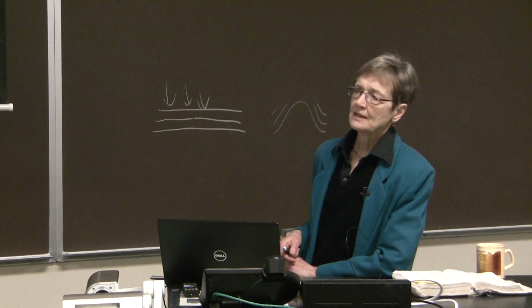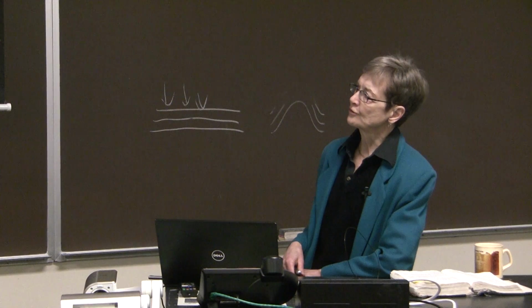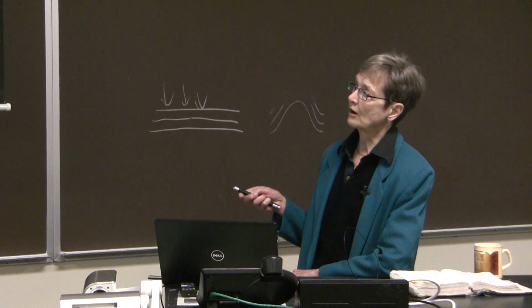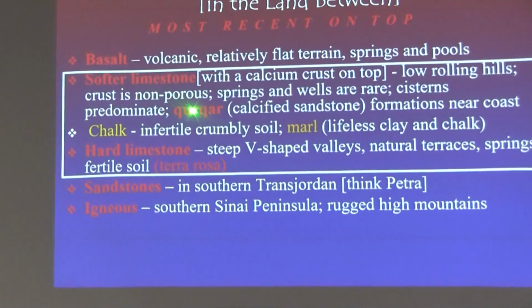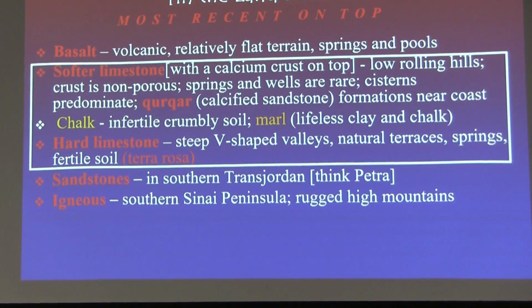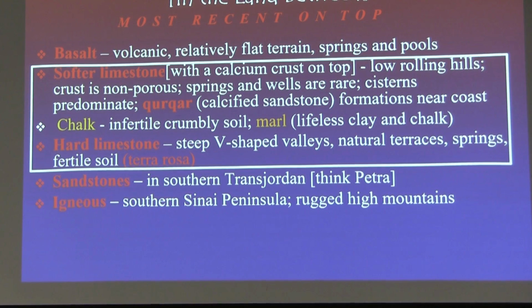When we find this kind of geological stuff closer to the shoreline as we know it now, we have something called kurkar. Sometimes that's spelled with a K, U-R-K-A-R, but here it's Q, it can be either one. And that's a mixture of this limestone calcified sandstone combination, formations near the coast.